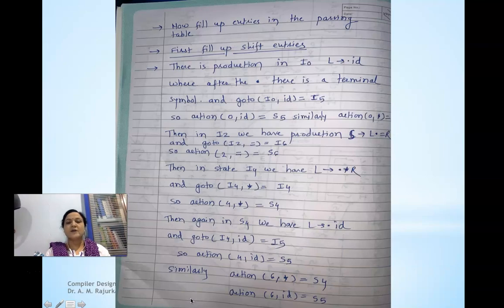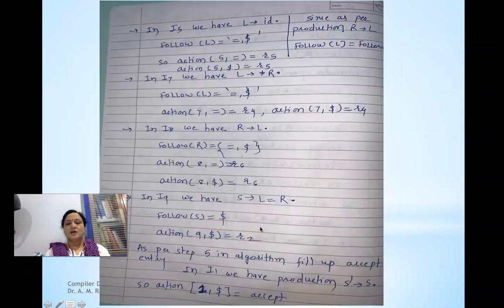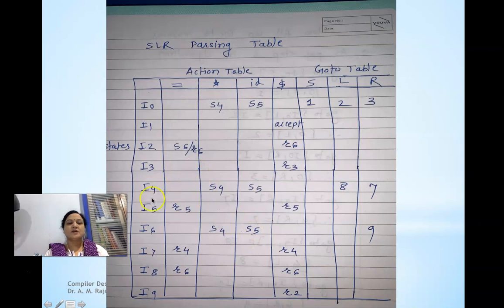So reduce by R6: action 2 comma equals to is R6, and action 2 comma dollar is R6. So fill up those entries: 2 comma equals to is R6, and 2 comma dollar is R6.